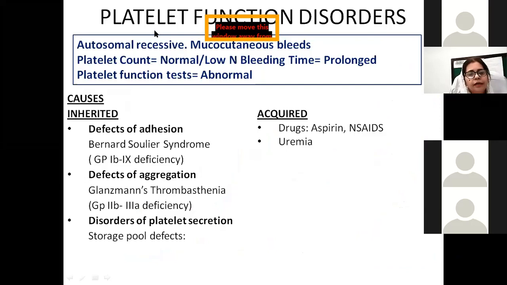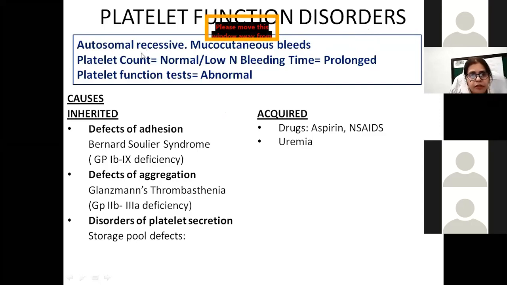In general, platelet type bleeding is mucocutaneous bleed, whether it is ITP or platelet function disorders. Typically, the patient presents with mucocutaneous bleed. These disorders are autosomal recessive, that is why they are relatively rare.